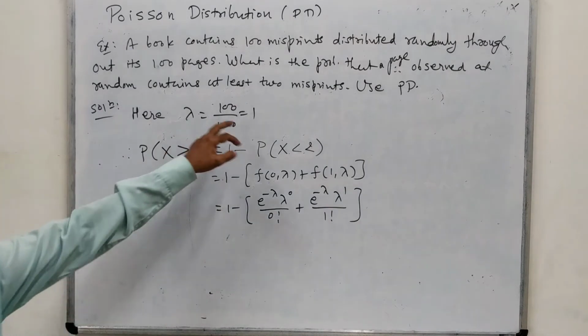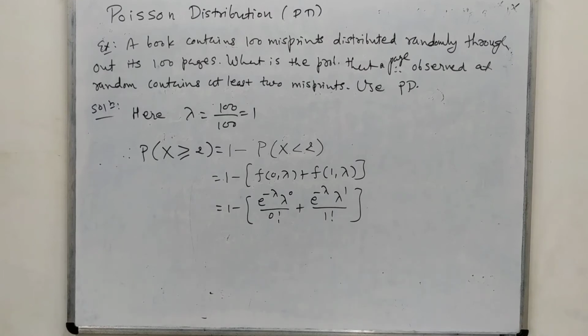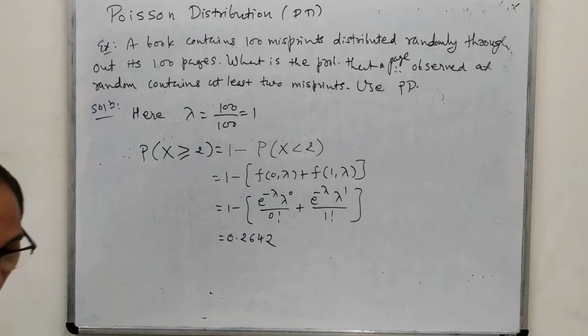You can put lambda equal to 1 there, and then calculate this using your calculator, and hence you will get the answer 0.2642. Okay, so this example is also very simple.